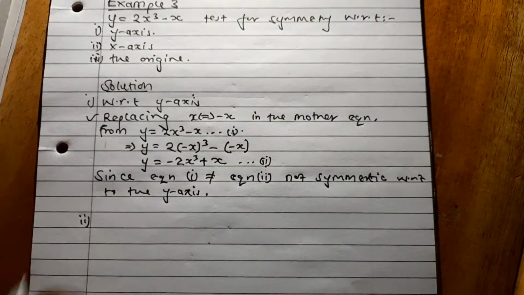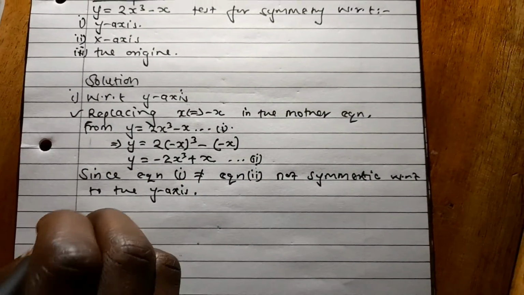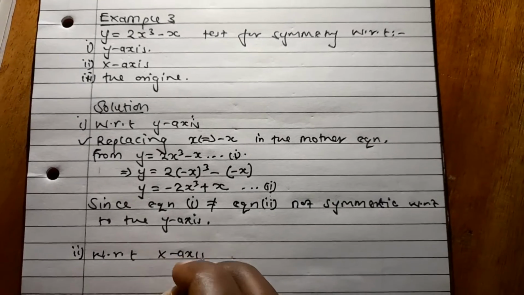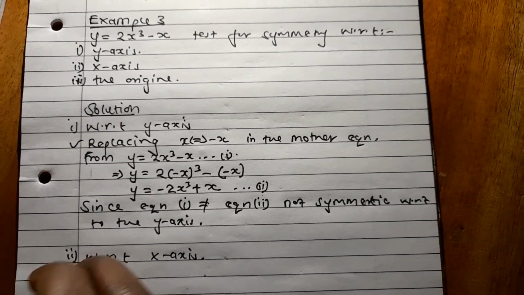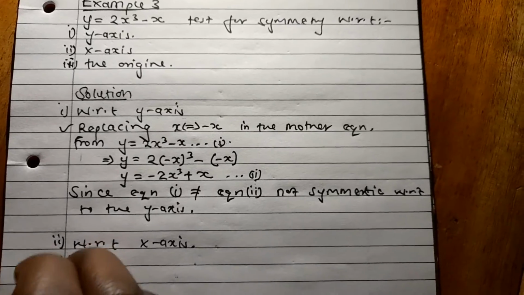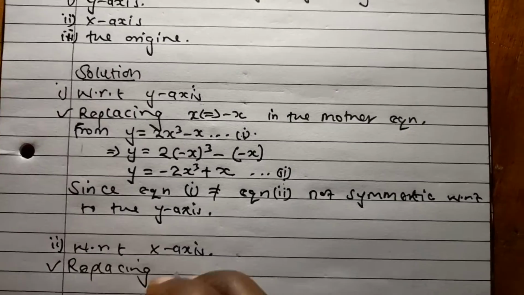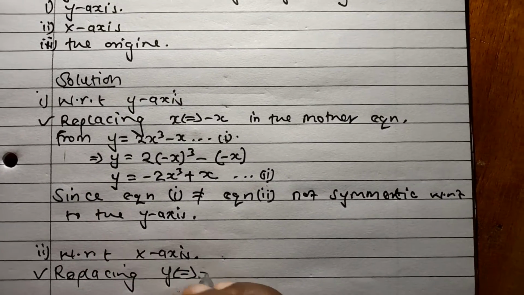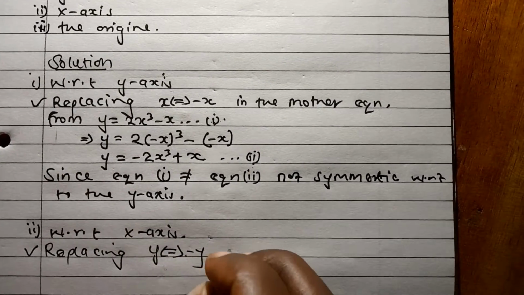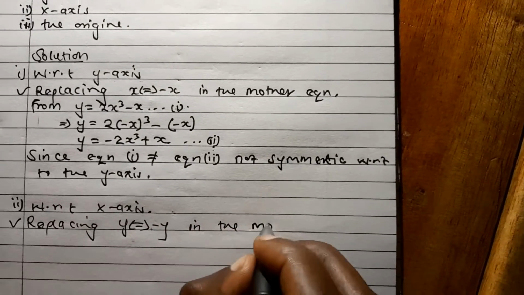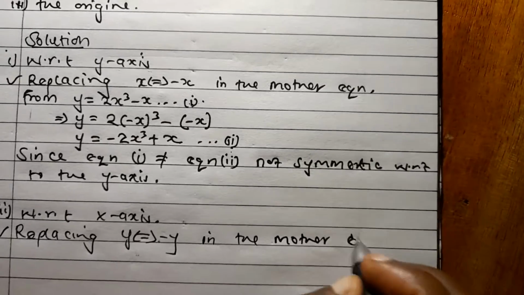Then on Roman 2, testing for symmetry with respect to the x-axis. We replace y with negative y in the mother equation.